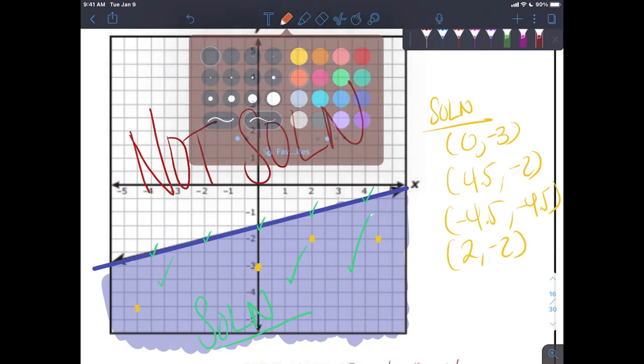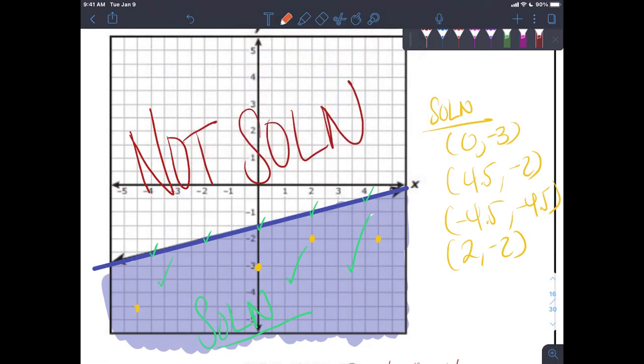However, anything out here would be not a solution. So stuff like (0, 0), (1, 5), (2, 9), and (-5, 5). All of those are not solutions.